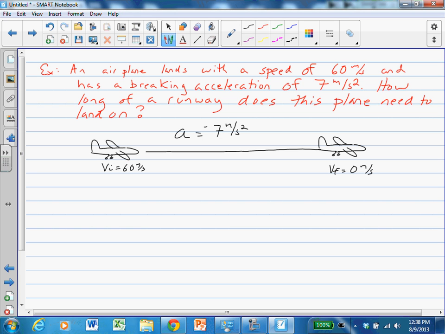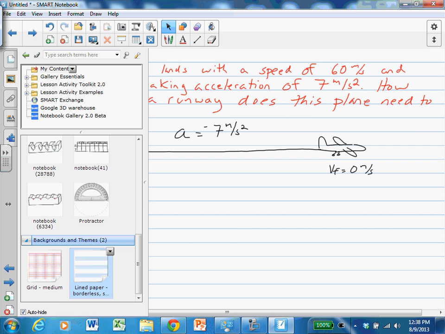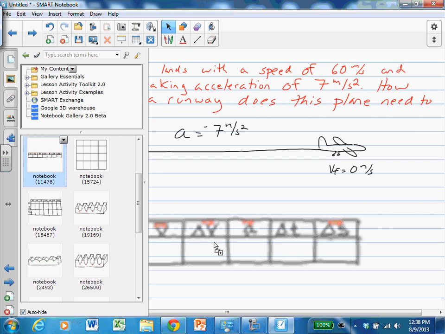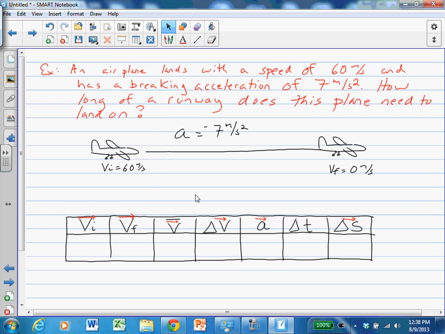We're interested in how long the runway is. We're again going to use our really good chart. So let's fill in our information. Our initial speed is 60 meters per second, and our final speed is 0 meters per second.